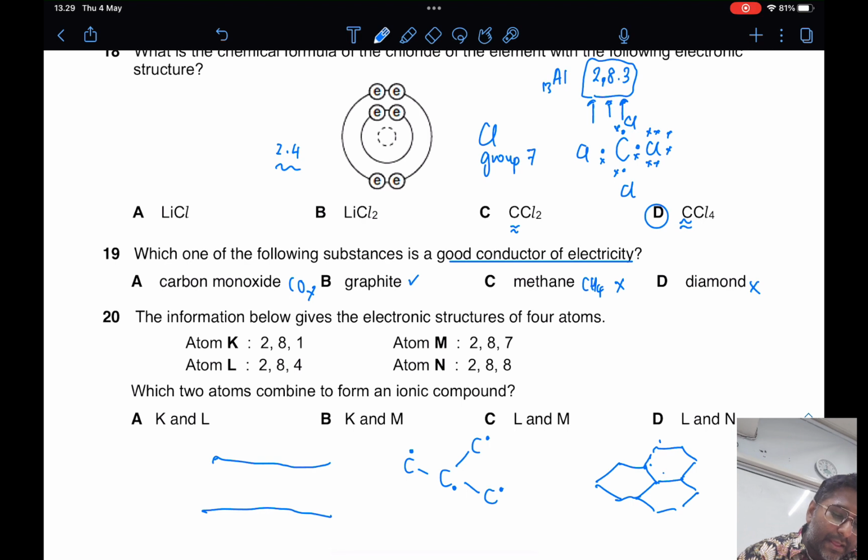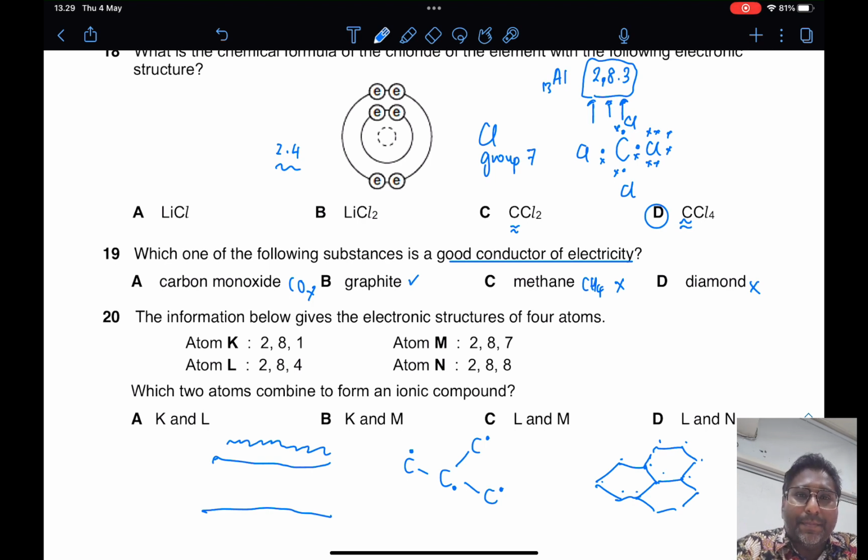Within the layer there are so many electrons, 1 from each carbon. These electrons can move around, so they can conduct electricity. In simple form, if you look at giant structures like diamond and graphite, the one that can conduct electricity is graphite. Just remember that. So the answer is going to be graphite.